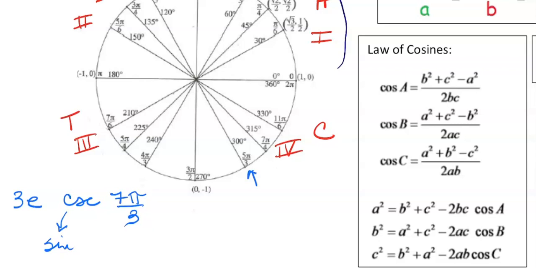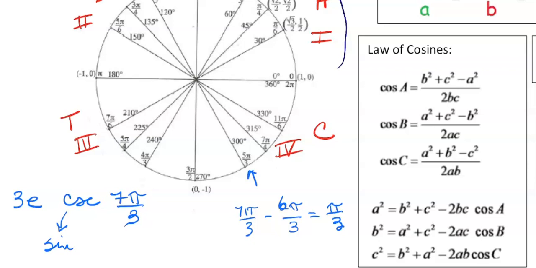Okay, so let's think about that for a second. If I took 7 pi over 3 and I subtracted a full circle, which would be 2 pi, I would first have to put this into thirds, so I'm going to make it 6 pi over 3. If I subtracted 6 pi over 3, I would get to pi over 3. Okay, now, I could have done that by just continuing around the circle in a positive way.